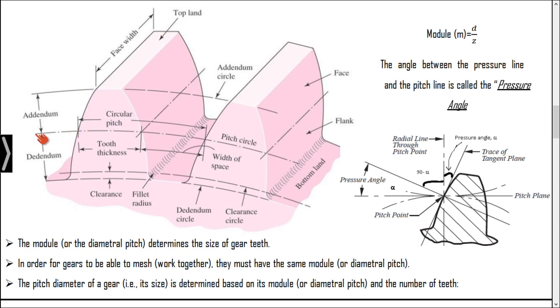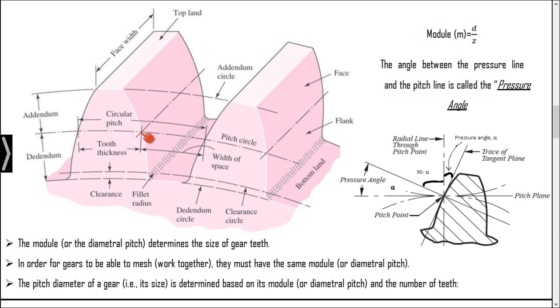So if you draw a circle joining all the pitch points of all teeth, we will get a pitch circle. I hope you all remember the concept of conjugate action, because the gears should meet at the pitch point. Then only it will have a constant contact ratio or constant speed. The speed of the driven and the driver should be the same at this particular point.